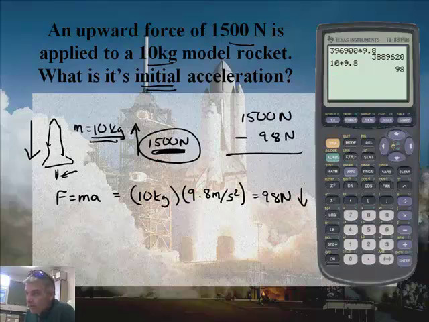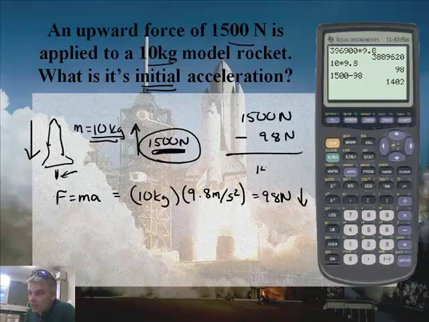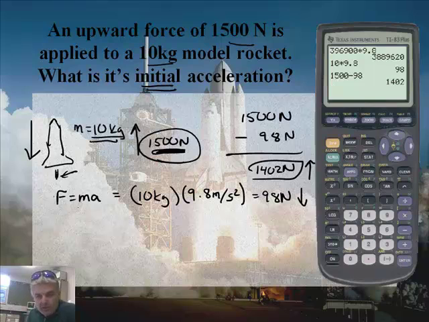So I'm going to go back to my calculator. What is 1,500 subtract 98? I get 1,402 newtons. So the actual upward force is only 1,402. That's still pretty good. Now I'm going to try and solve for the acceleration.